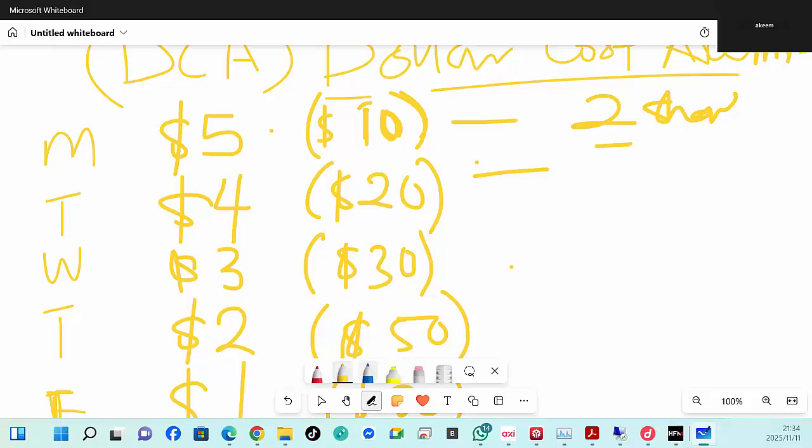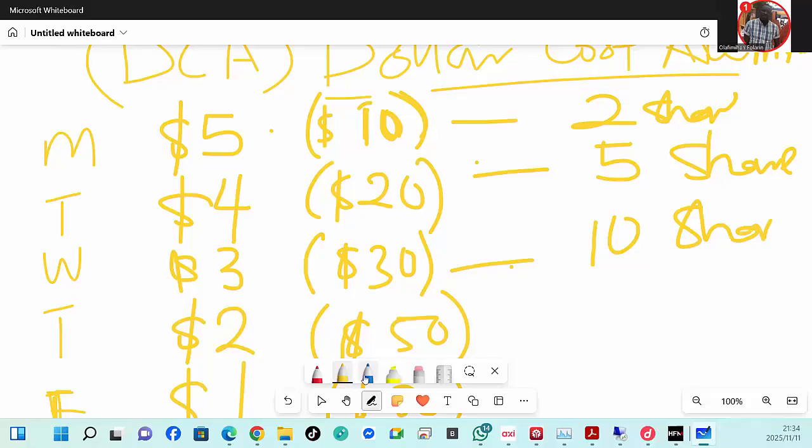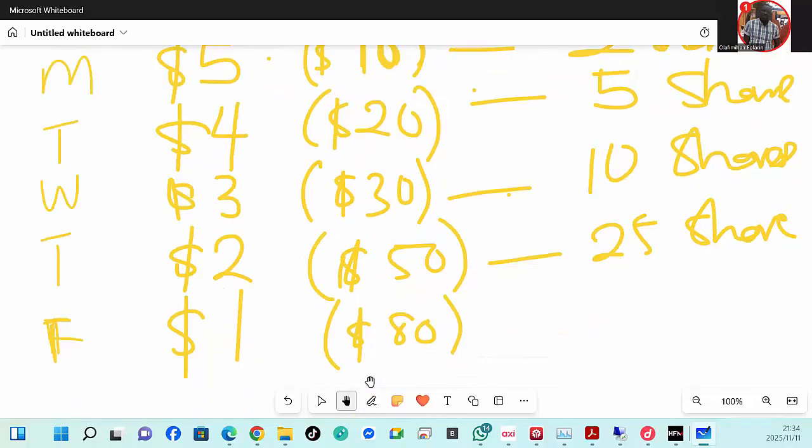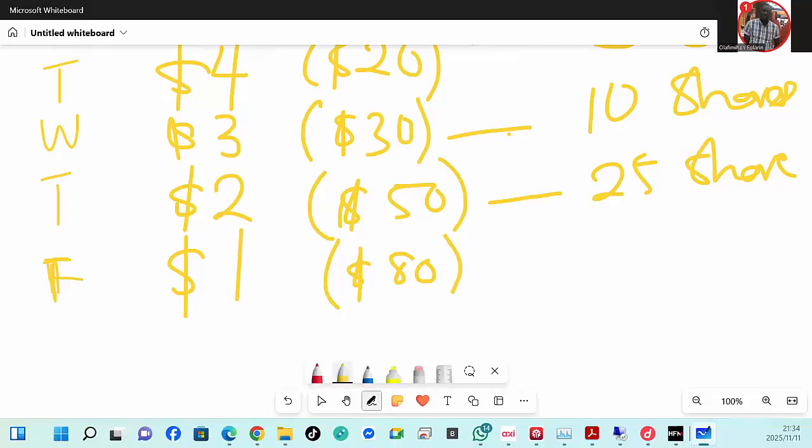We buy 5 shares. And here we buy 10 shares. And here we buy like 25 shares. The more the price is dropping, the more quantity we buy, and the cheaper it gets. And here we are going to buy 80 shares because it's at $1.